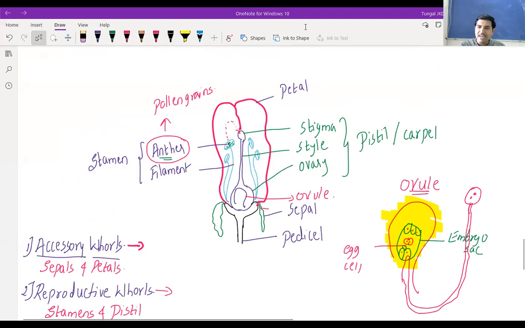When it gets fertilized, it forms into a seed. That means the fertilized ovule forms a seed. Then the ovary, at the base, this ovary forms a fruit. Yes, this is one extra thing which I wanted to tell you with respect to angiosperms.